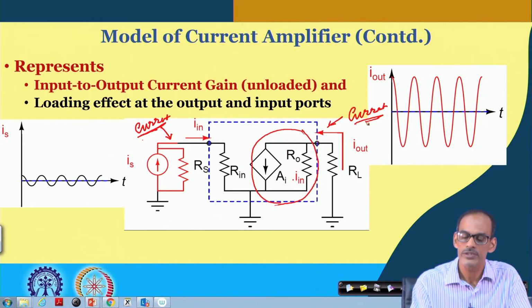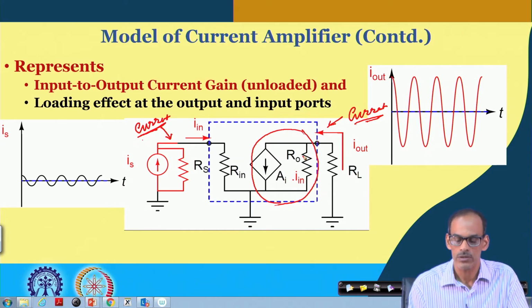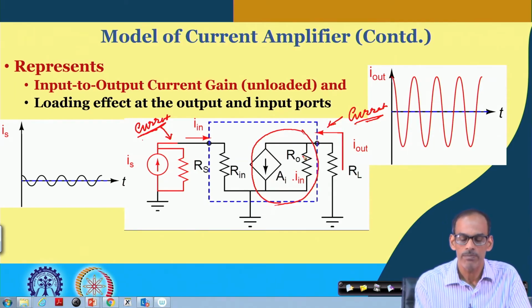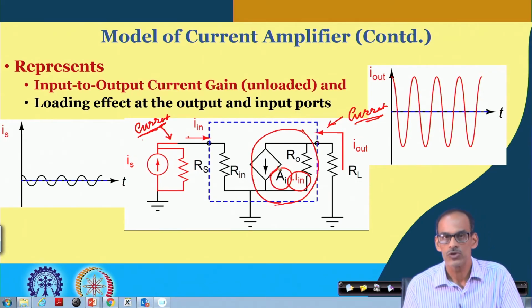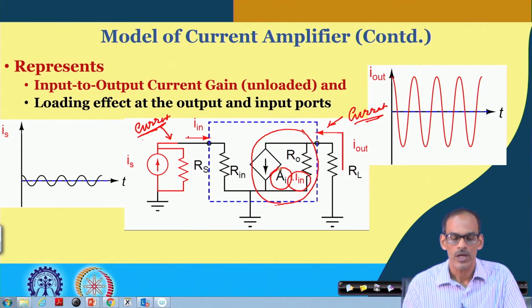But the controlling element, depending on the signal at the input, may be current or voltage, so based on that we have different parameters. Let us see the other two types of amplifiers and their corresponding models.